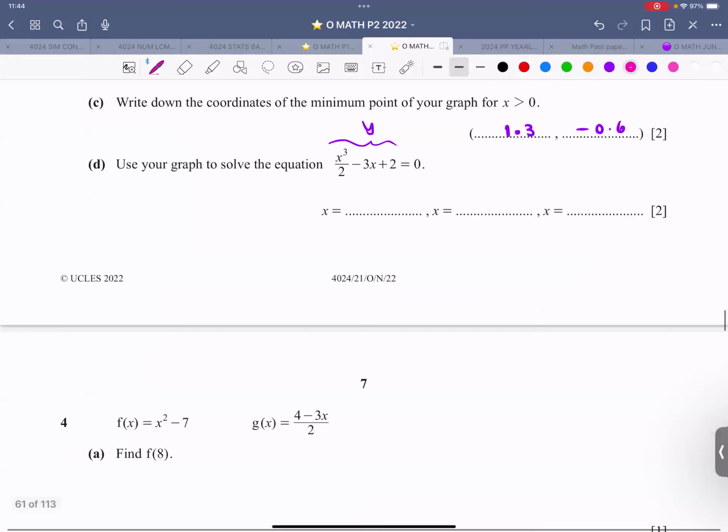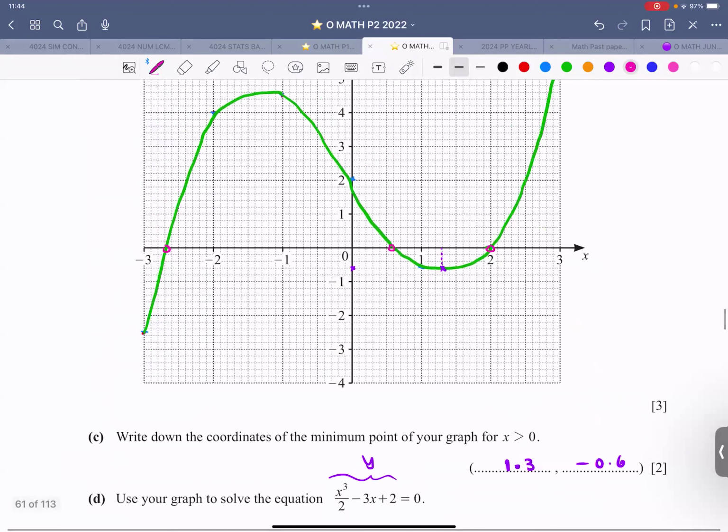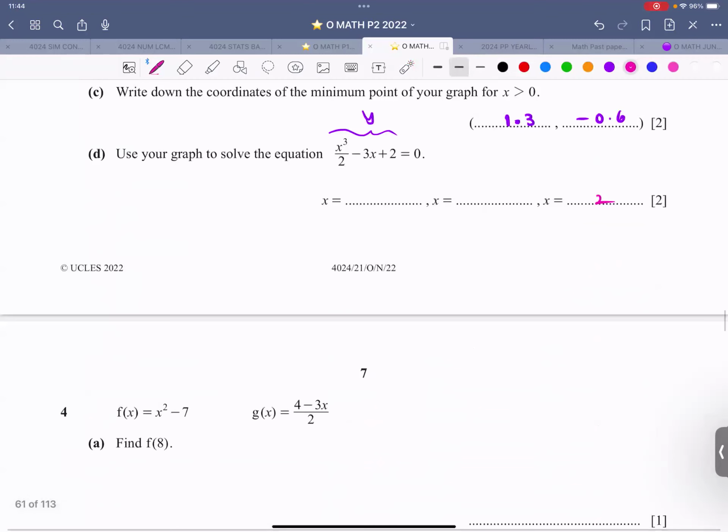So the extreme right point is x equals 2. And the other points are negative 2.7, 0.6, and x equals 2. So basically, it's asking for the x-intercepts.